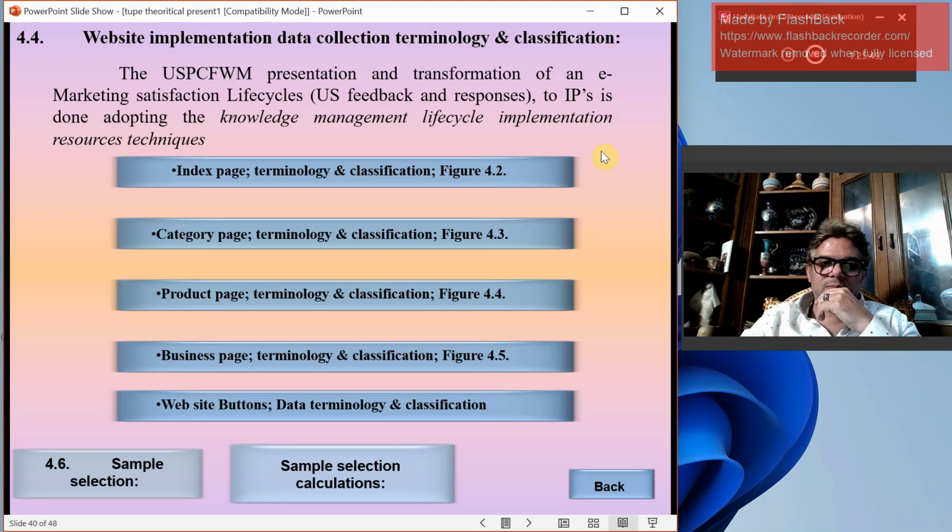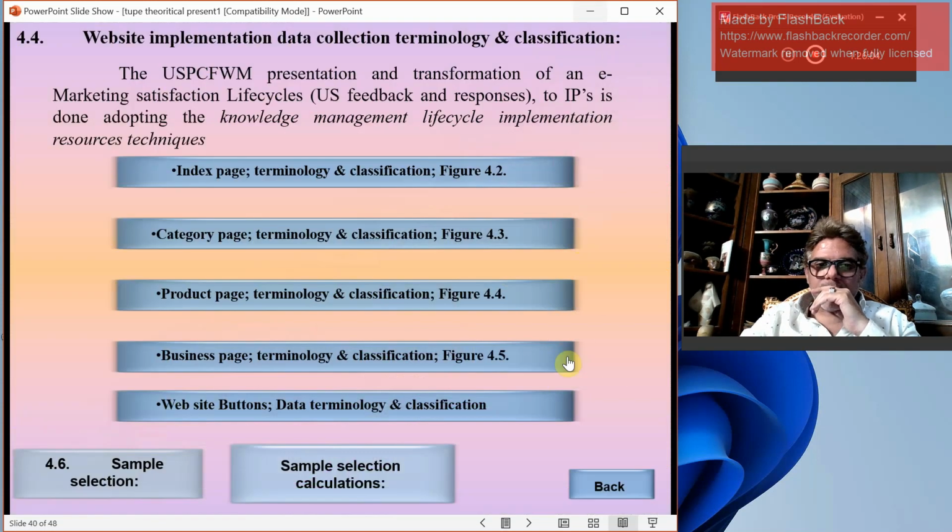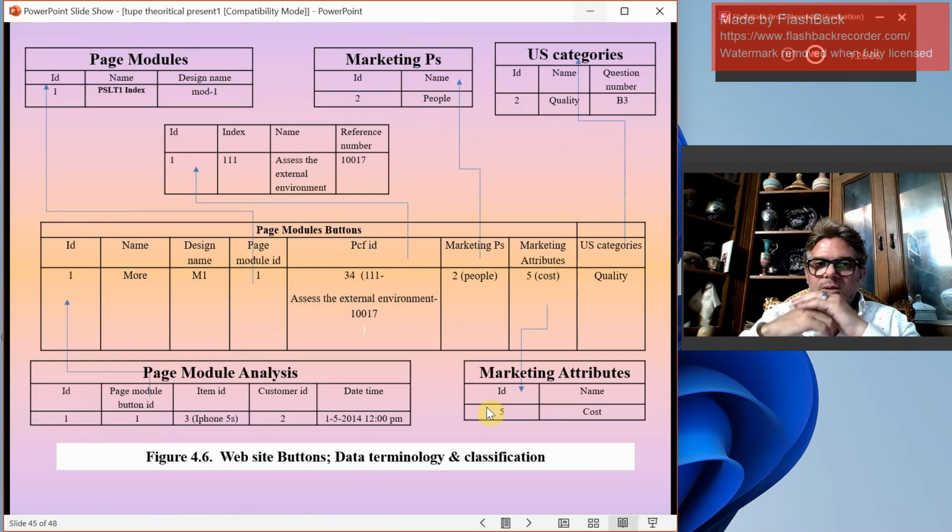So now we're going to have for each page a specific definition. We're going to talk about it. Each button will have a different classification. We'll talk about it.